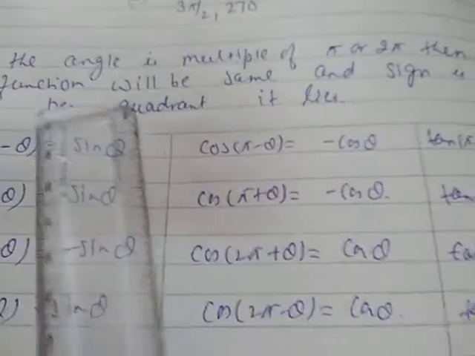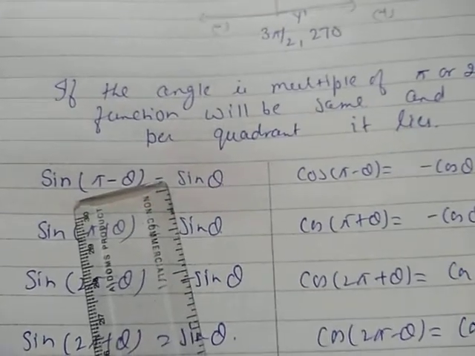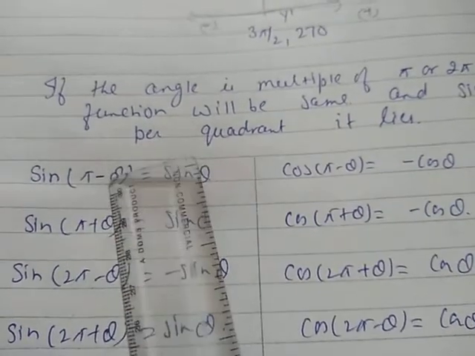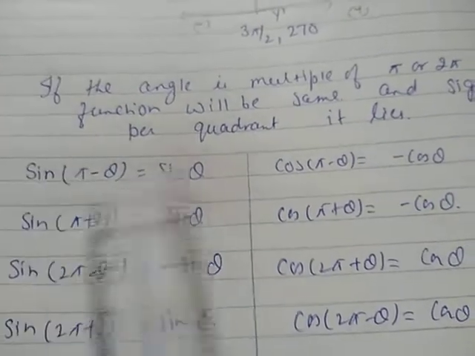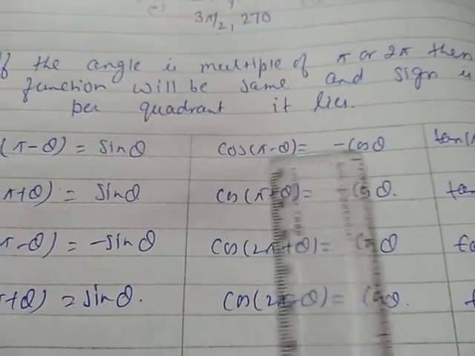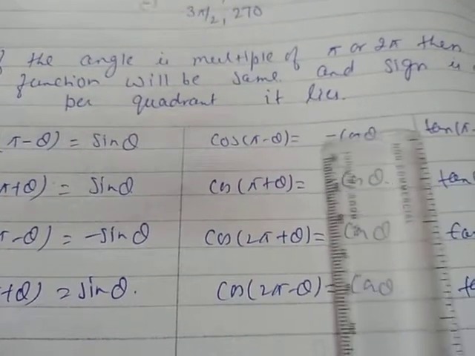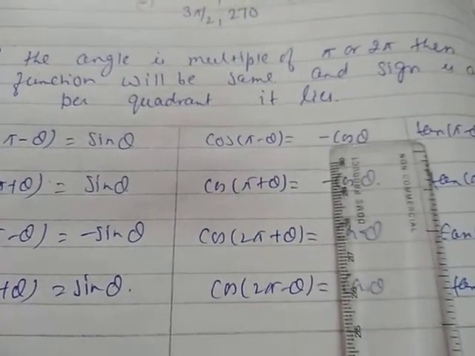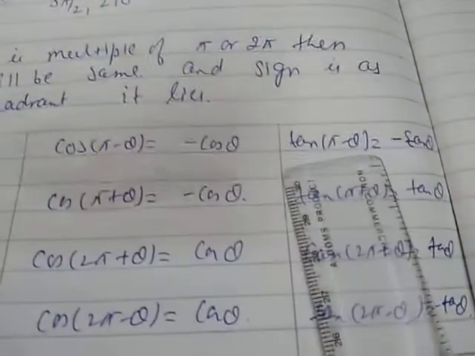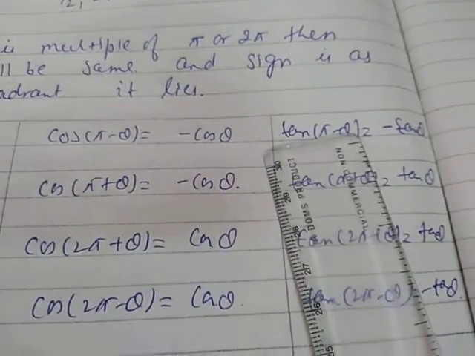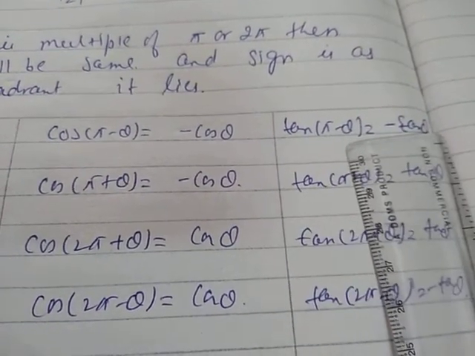But the sign is as per the quadrant it lies in. Pi minus theta lies in the second quadrant, and in the second quadrant sine is positive, therefore it is plus sin theta. Cos (pi minus theta), second quadrant, cos in the second quadrant is negative, that's why, children, just see here it is negative. Similarly tan (pi minus theta), since it lies in the second quadrant, it is minus tan theta. This way you can find all the values.